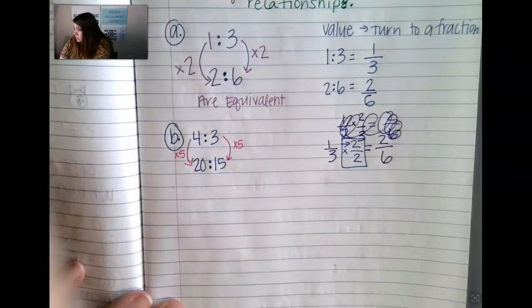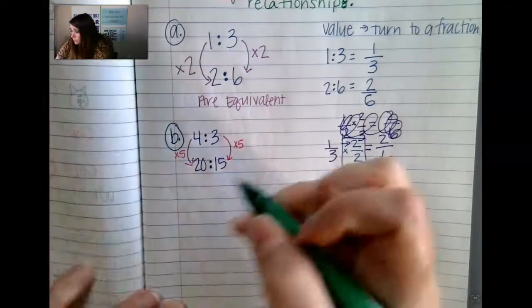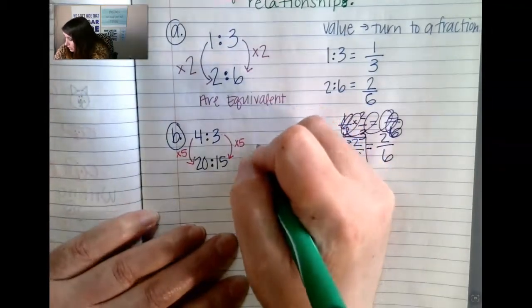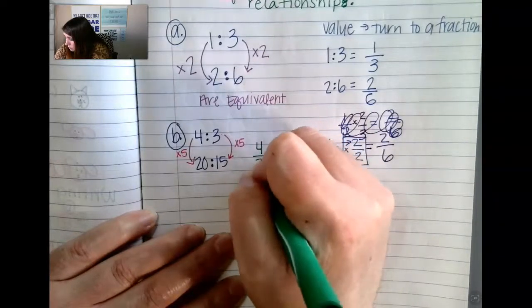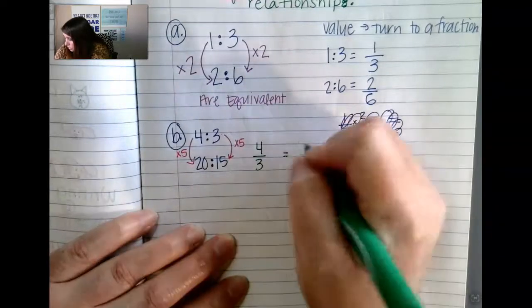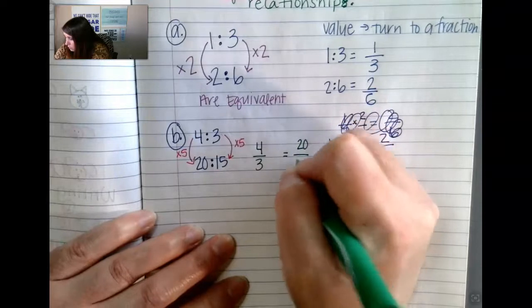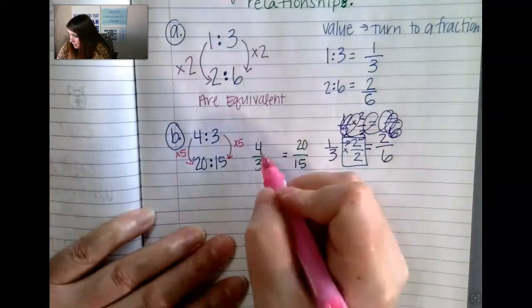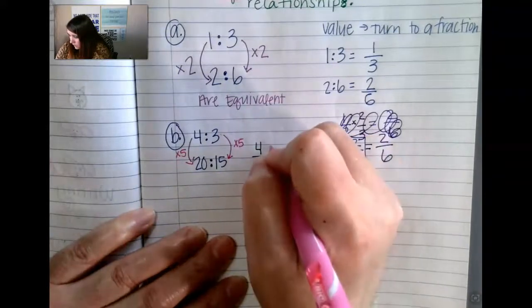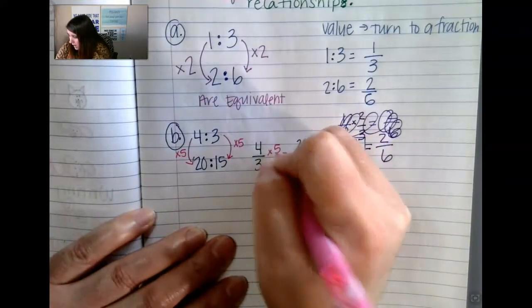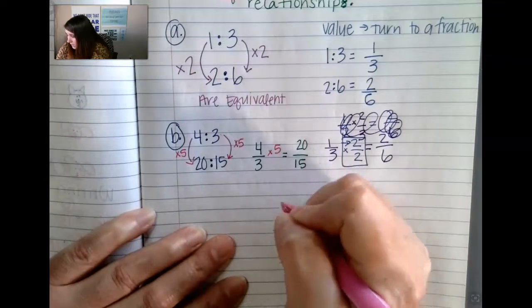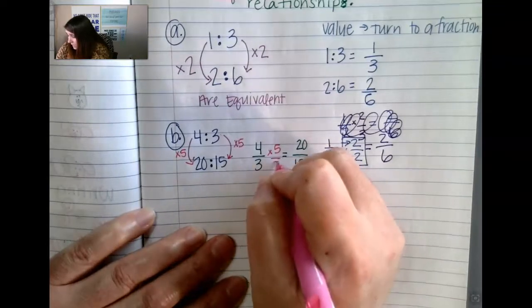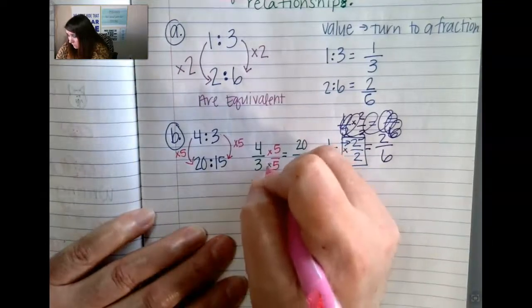I could also take and turn these into fractions. I could say 4 over 3 is equal to 20 over 15. What do I multiply to get from 4 to 20? Well, I multiply by 5. 3 times what gives me 15? Well, again, I'm multiplying by 5.